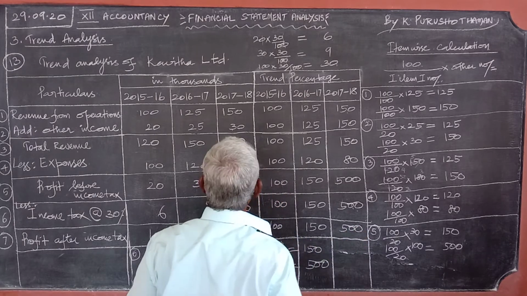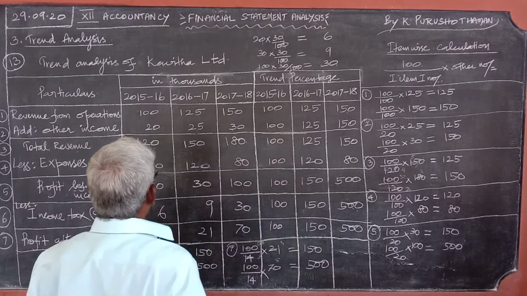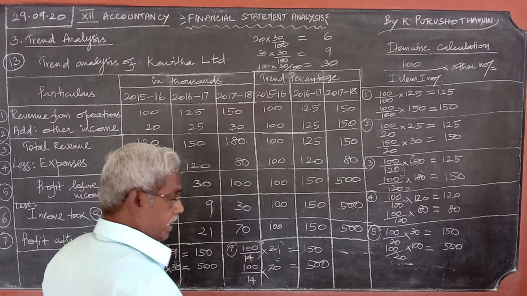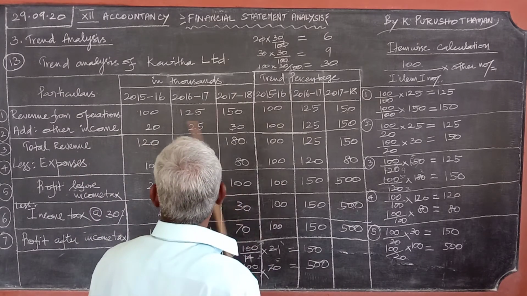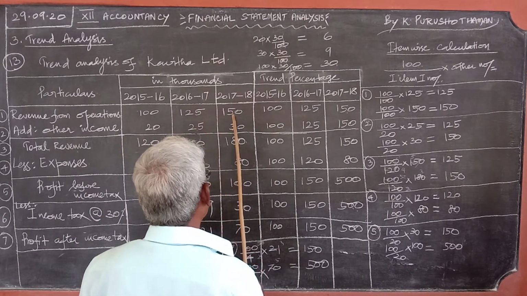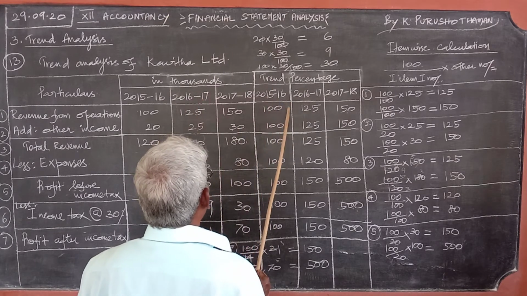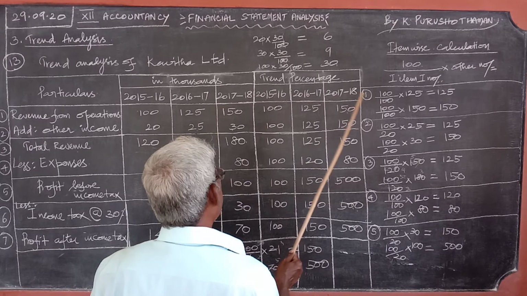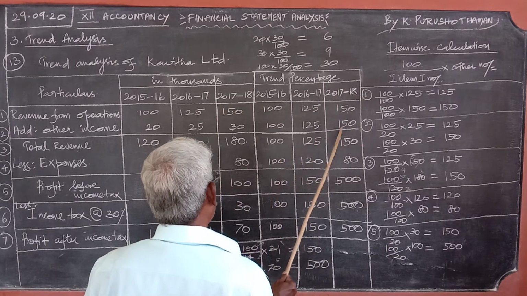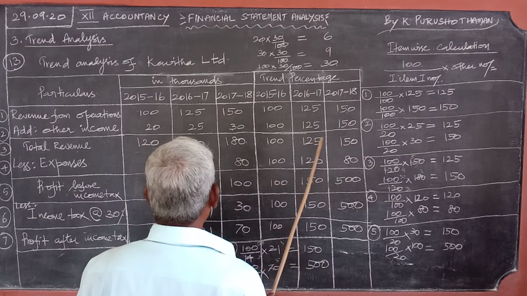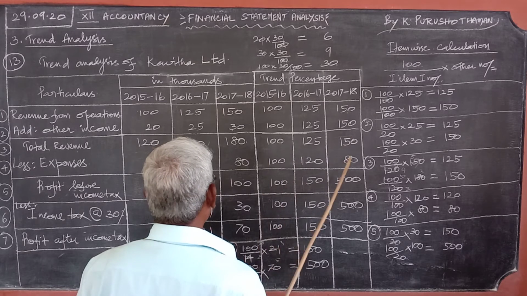How is the trend in the business of Kavita Limited, as given in this problem? See, regarding revenue from operations, it is increasing: 100, 125, 150. Here also 100, 125, 150, and again 100, 125, 150. Increasing trend only.